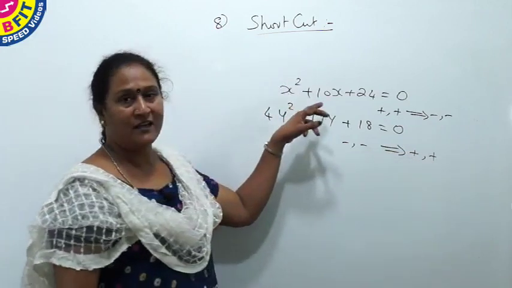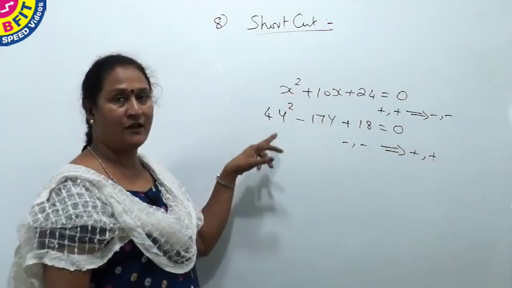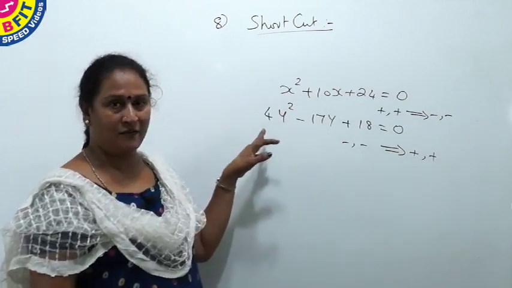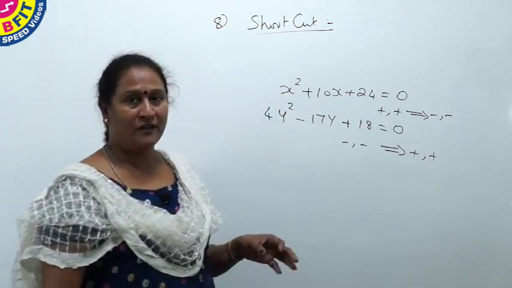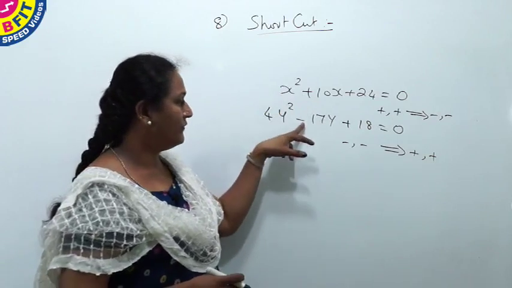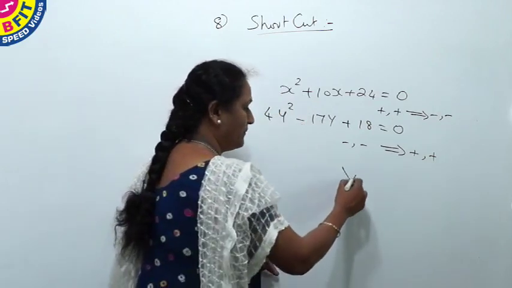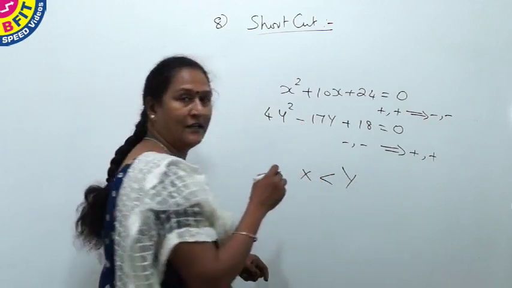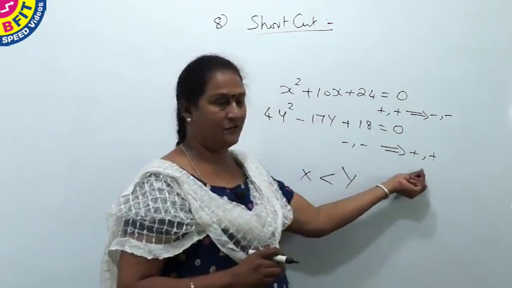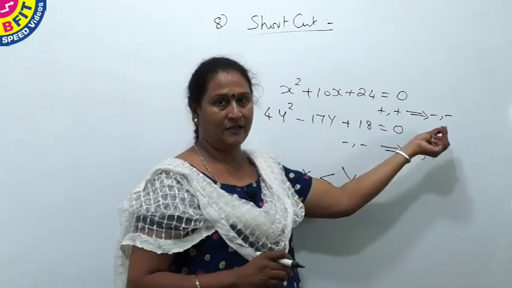However high the numbers may be, or if you have a coefficient for y square or x square other than 1, no need to do the working and get the values. Seeing the equation itself, the negative variable will be greater than the positive variable. Because here negative is changed to positive and positive is changed to negative.